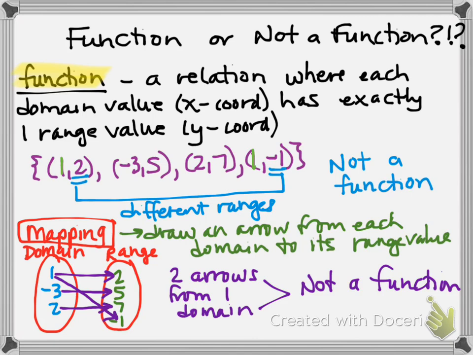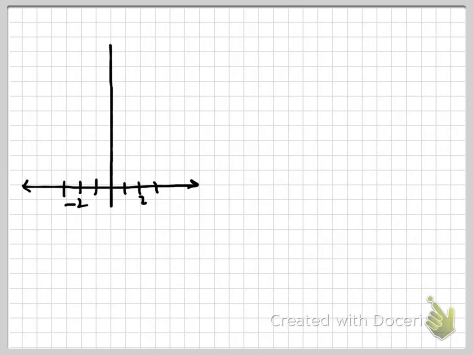Okay, so we have 1, -3, 2, and then all positives. One, two, three. 1, 2, 3. 1, 2, 3, 4, 5, 6, 7, 8. That's my y's, that's my x.